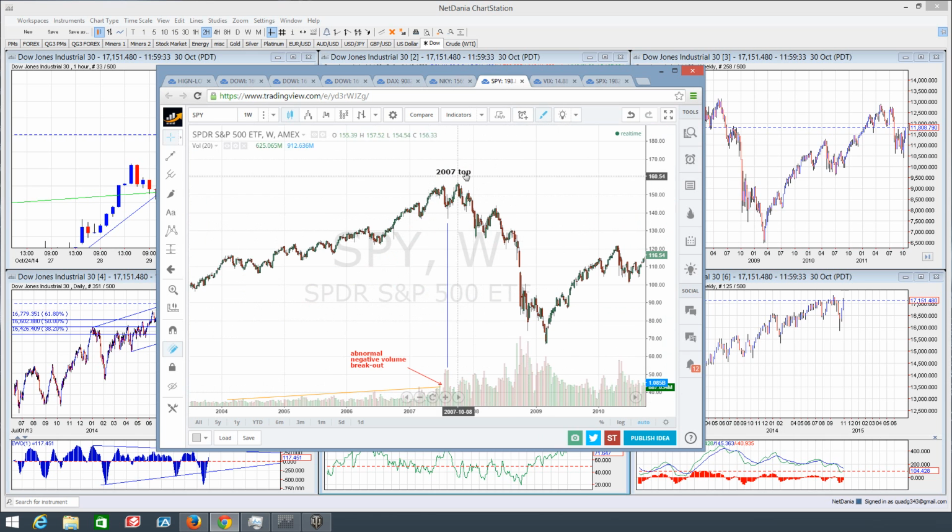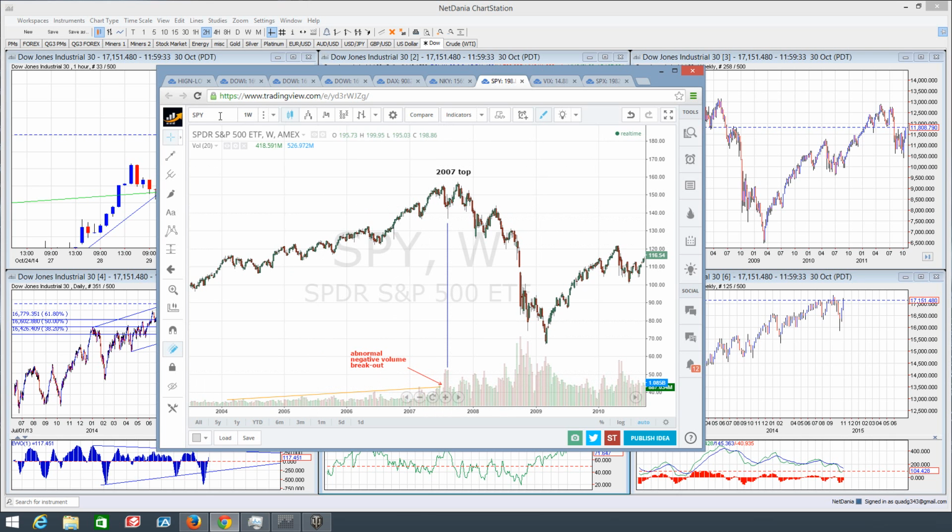Back during the 2007 top, you can see during this uptrend, we saw this fairly steady incline in the overall volume as we saw the price move to the upside. But right about here, we see this dip and we see this abnormal spike in the volume.